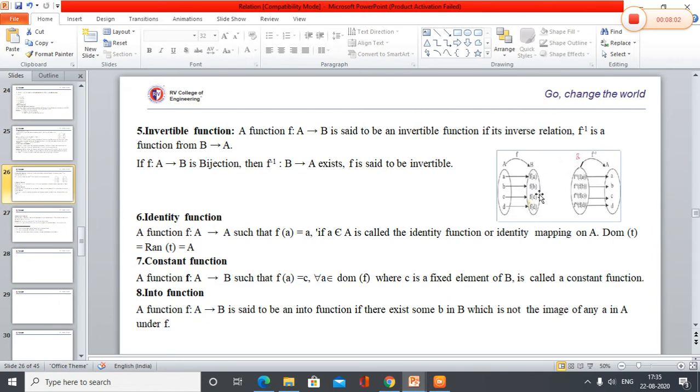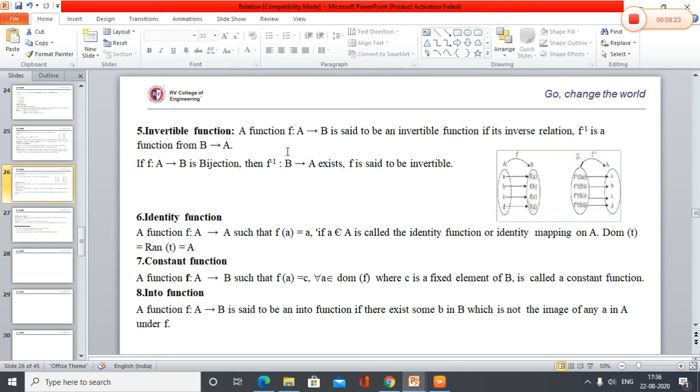So here f inverse should be a function from B to A. The elements of B are these, and a, b, c, d. So if I am saying invertible, I should be able to prove that f inverse is a function from B to A. So all the conditions of a function should be satisfied.